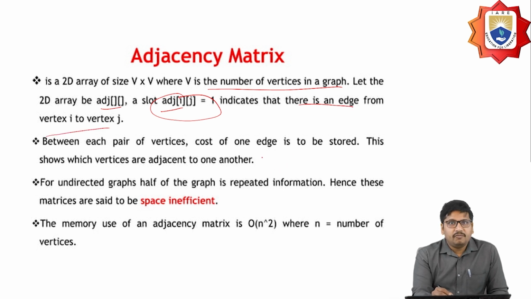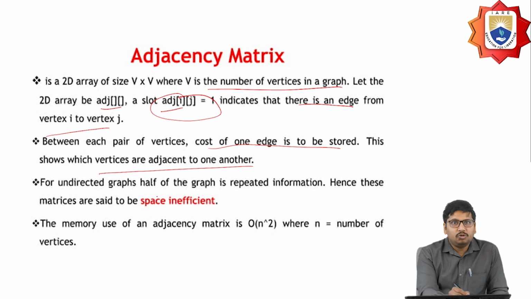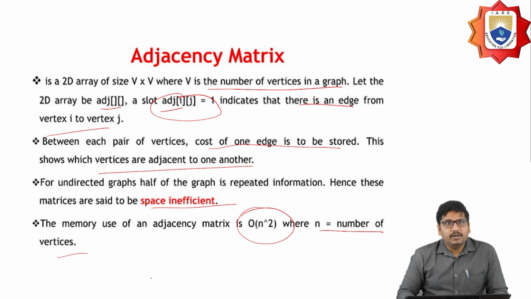Between a pair of vertices, the cost of the edge can also be stored, and this shows which vertices are adjacent to one another. For an undirected graph, the information is repeated, hence the matrix is said to be space inefficient. The memory use of an adjacency matrix is big O of n square, where n is the number of vertices.